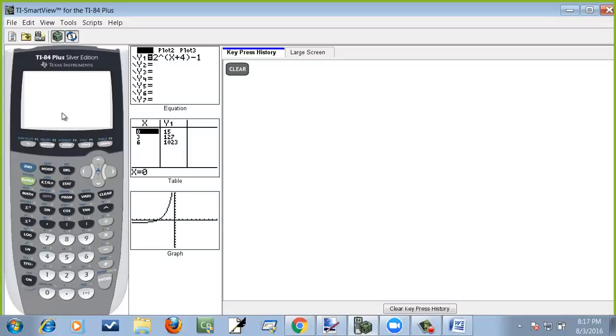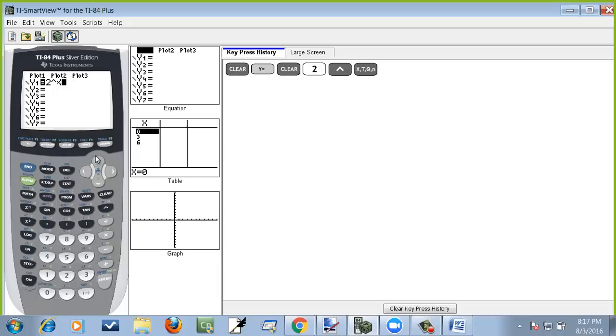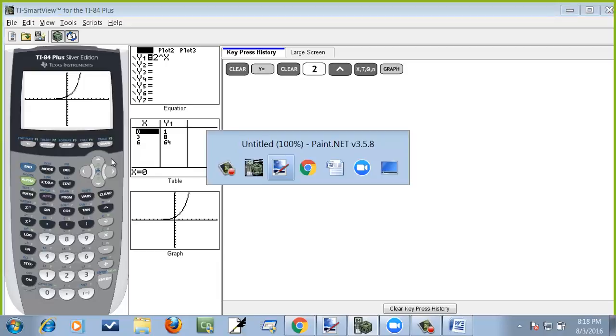I'll go to my calculator, press my y equals, press my clear. I'll do a 2 caret x and then graph. Now these graphs always look like they stop. They never stop.